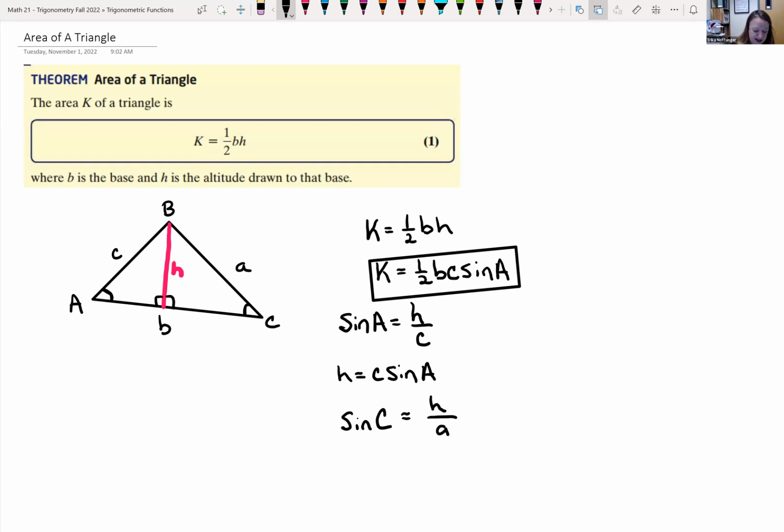So the hypotenuse in that case would be A. So our height in this case is equal to, multiplying by A on both sides, A sine C. So we could also say that our area K is equal to 1/2 times our base, which was B, times our height, which is A sine angle C.